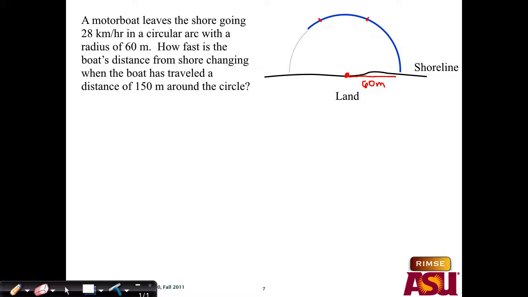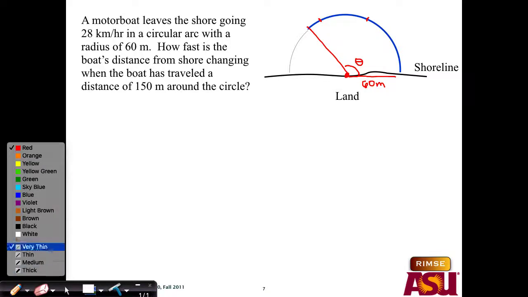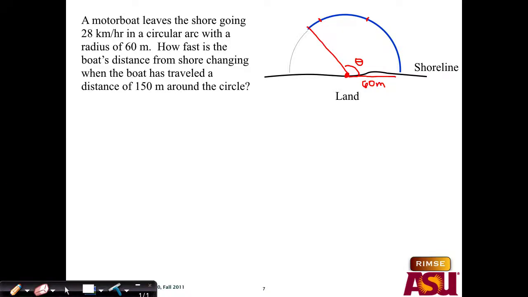I would suggest don't try to put in all the numbers at once, but just think about it in general. You can imagine as the boat's traveling along this blue arc here, creating a variety of different angles, it's also making itself a variety of different distances from the shore.